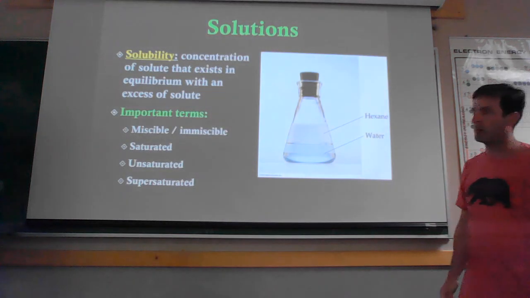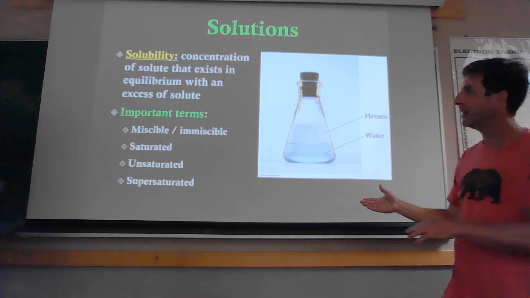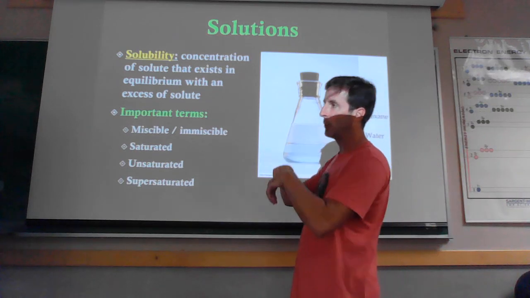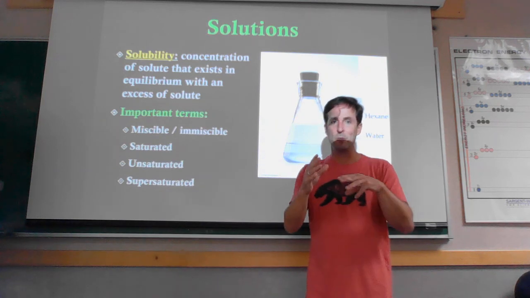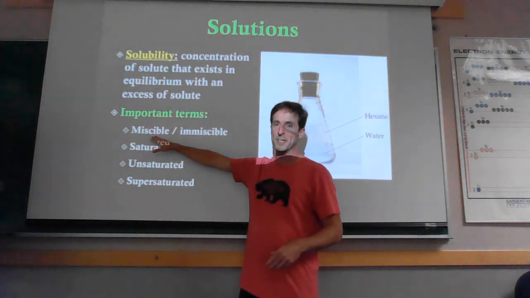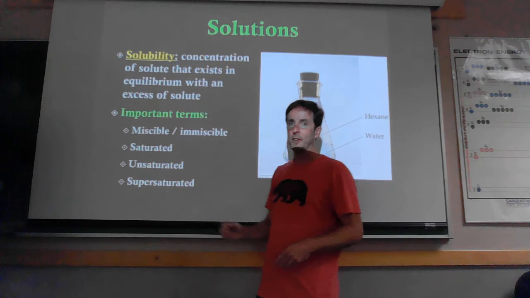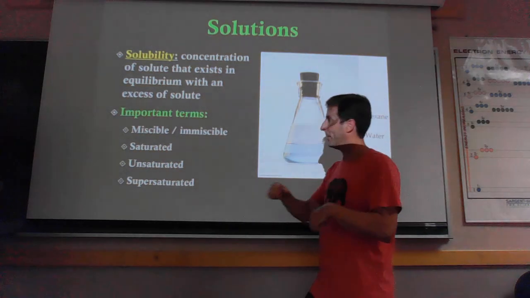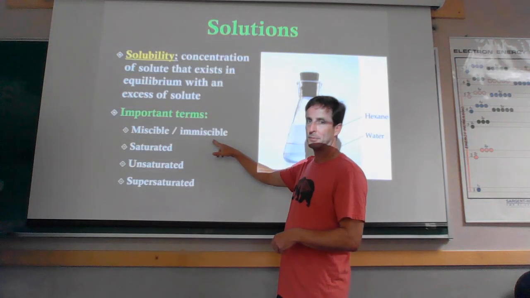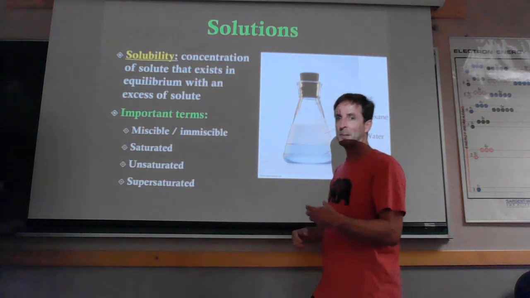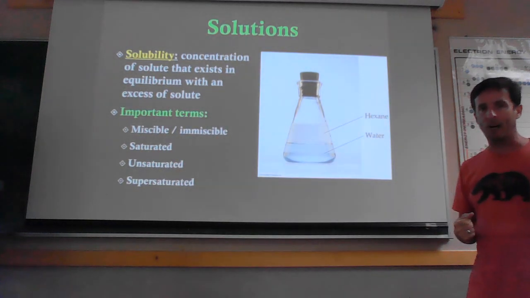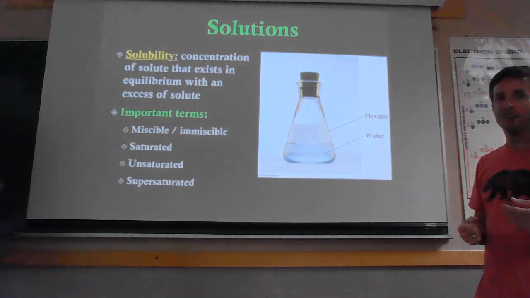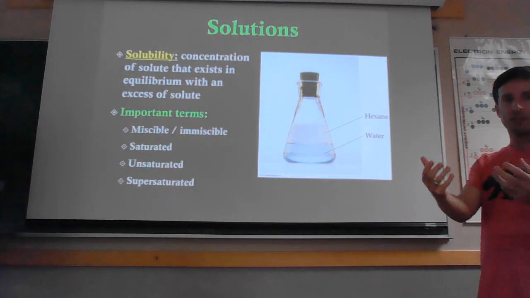Now, some important terms that are going to relate to this next section. If you mix two liquids together, if they will mix together in any ratio, those two liquids are called miscible. If two liquids won't mix with each other, that's called immiscible. Like if I mix ethanol and water, ethanol is drinking alcohol, I can mix together a 50-50 mixture of the two.